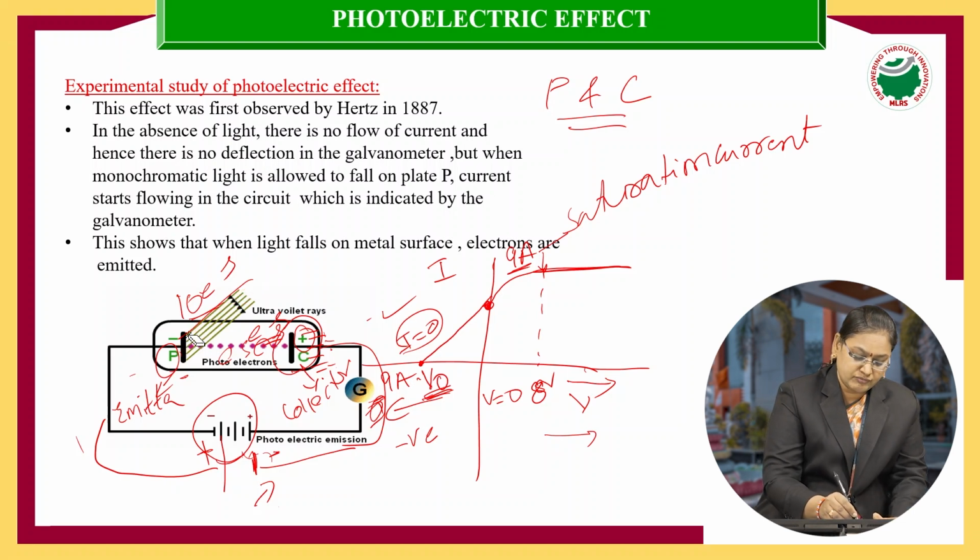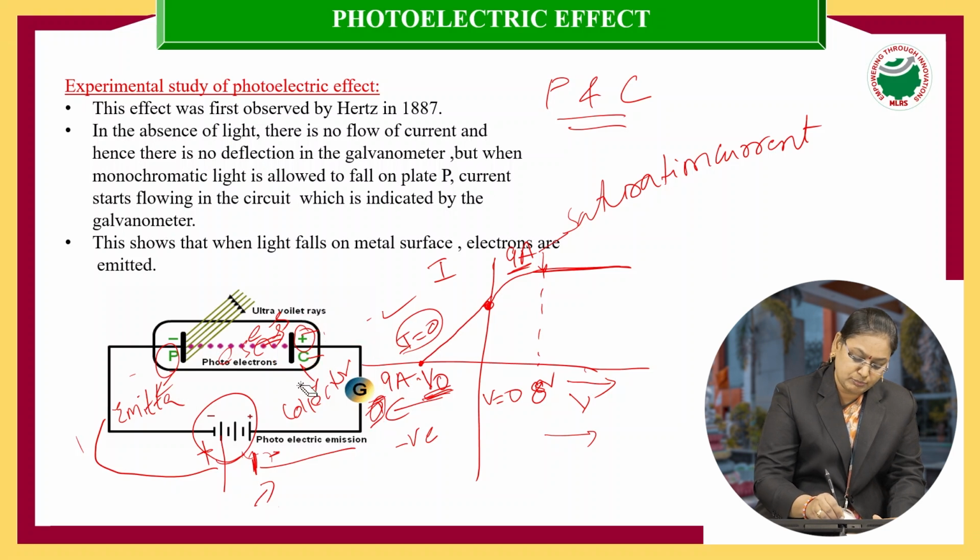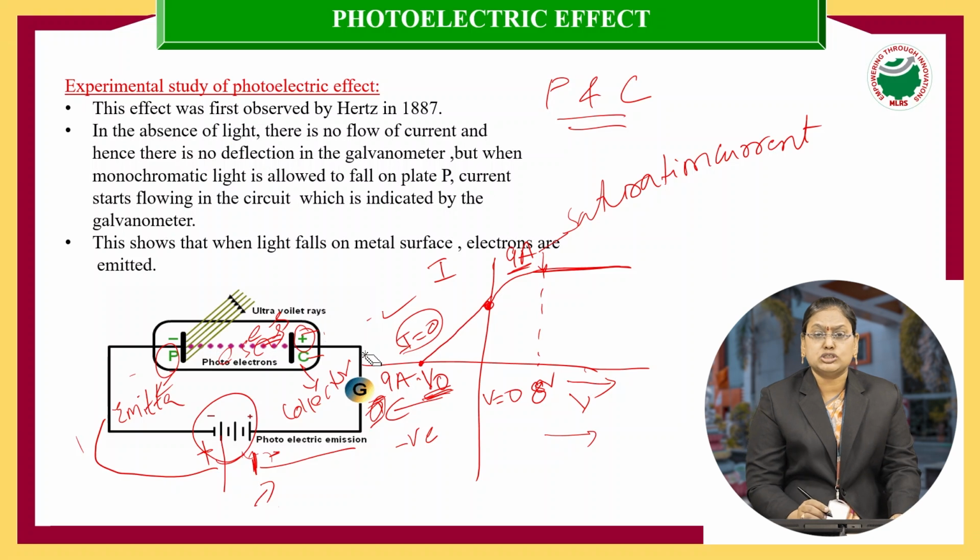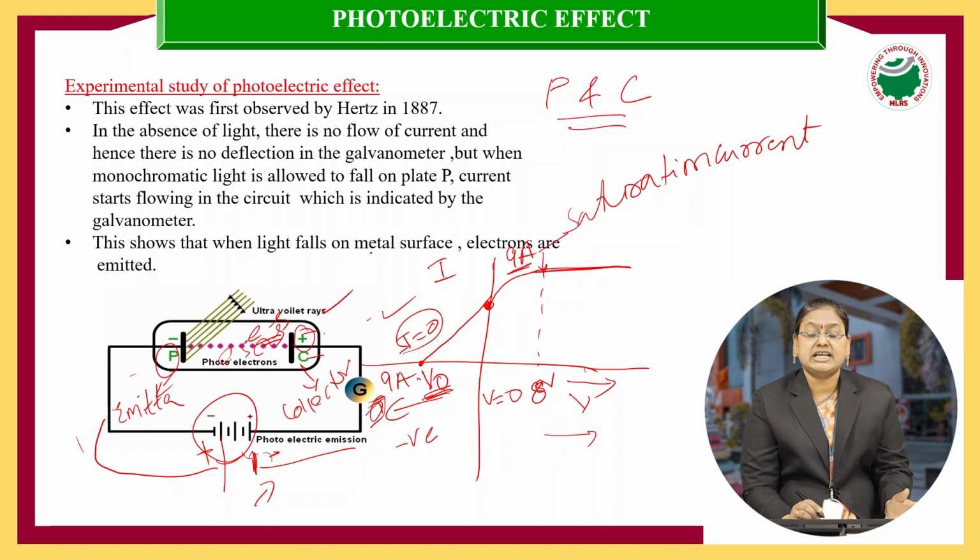So when positive potential is applied to plate C, what is happening? This positive potential will attract electrons towards it. Positive potential attracts electrons, which means its velocity is increasing, that is, the acceleration of electrons is increasing.